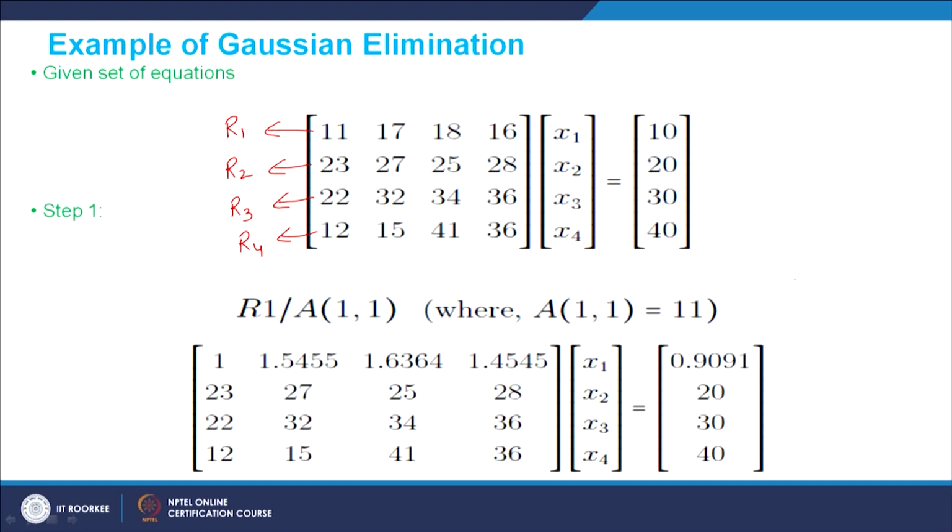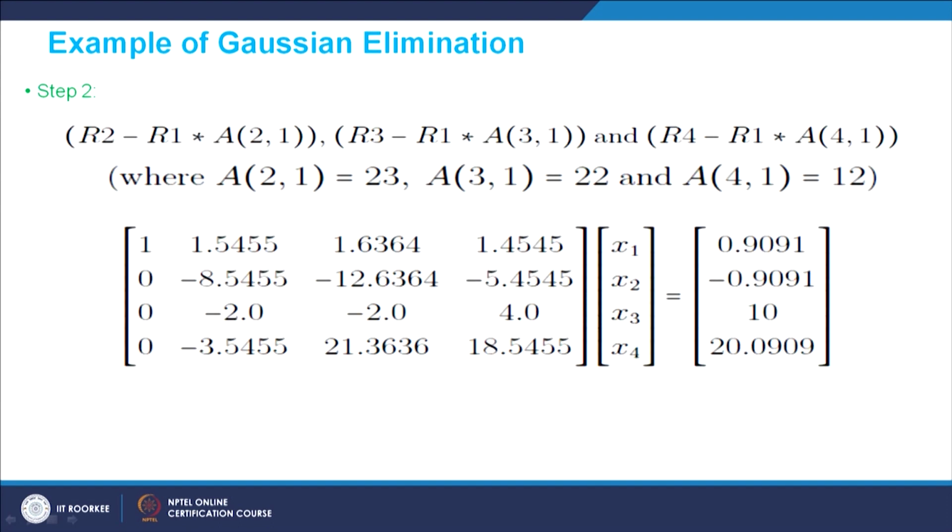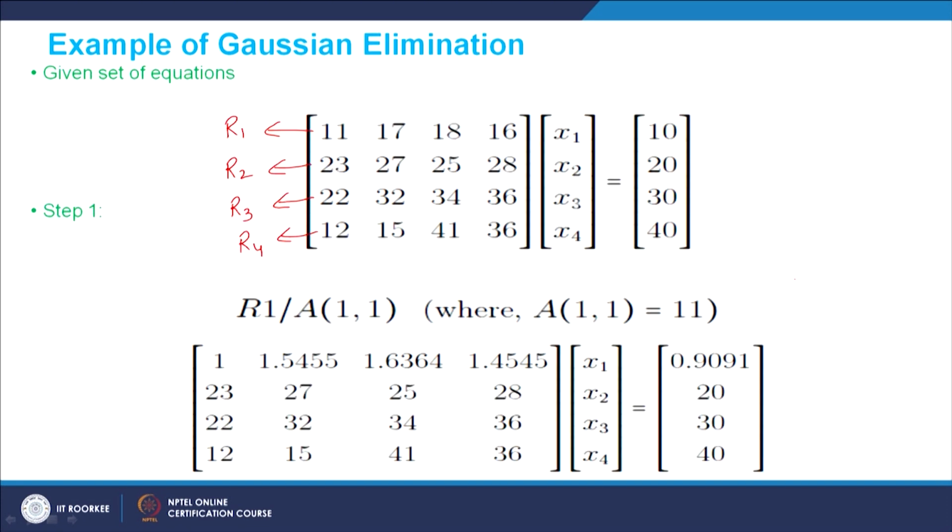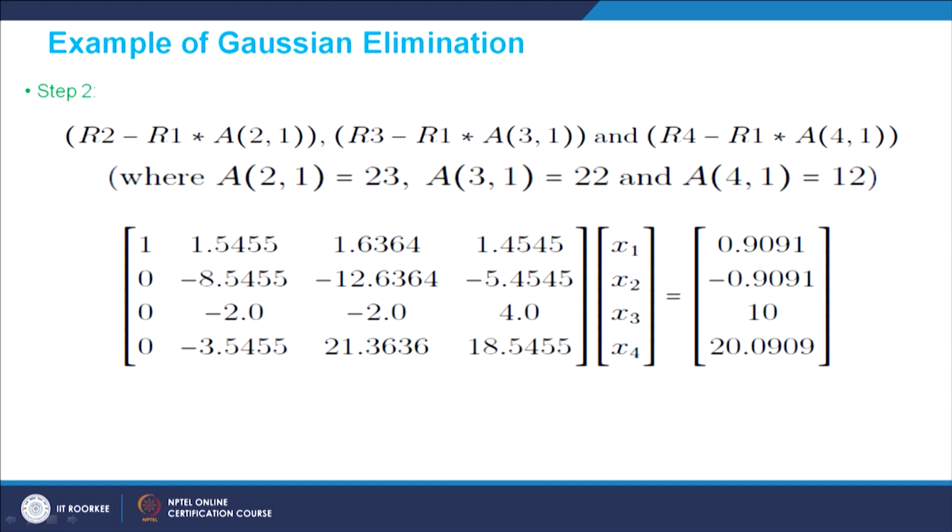In the last stage we multiply this row with 12, so we get a 12 here and these values also change, and then we subtract this changed row from this row. Here we get 1 0 and these values become something else. This is the state after step 2.